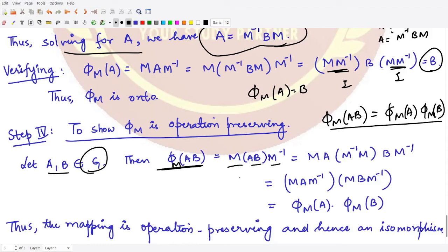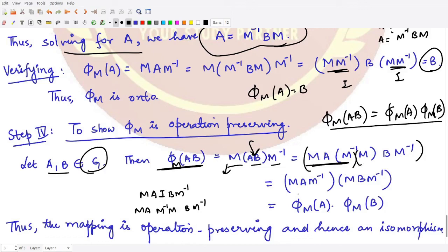So what you can do, you can write this thing as M A I B M inverse, because I is the identity matrix. Now in place of I, you may write M inverse M. So this is what I have written. I have inserted one identity over here and written down its value as M inverse M. Now we can use the associativity property and shift the brackets like this.